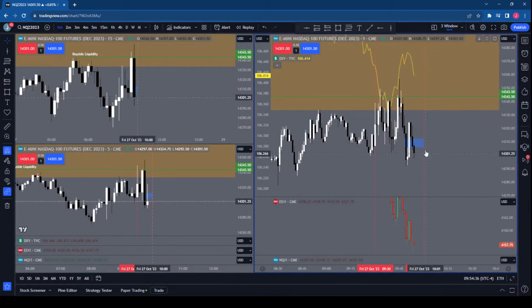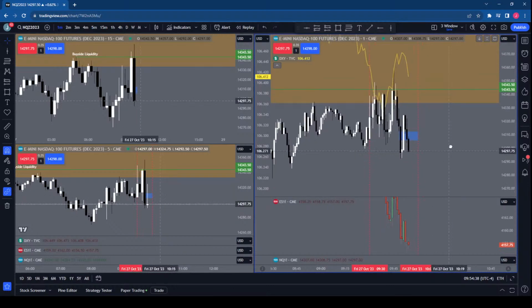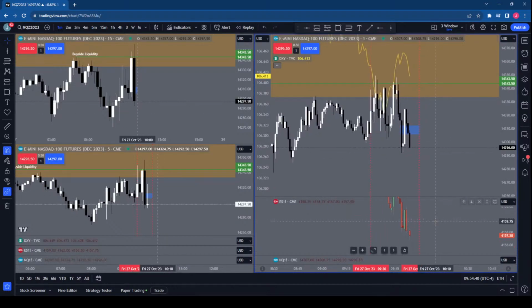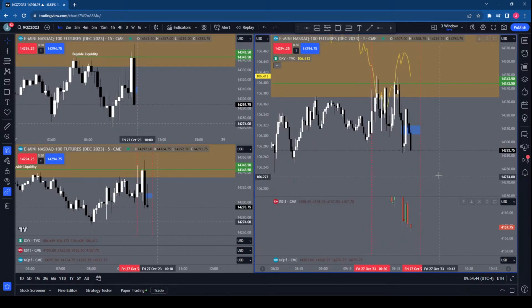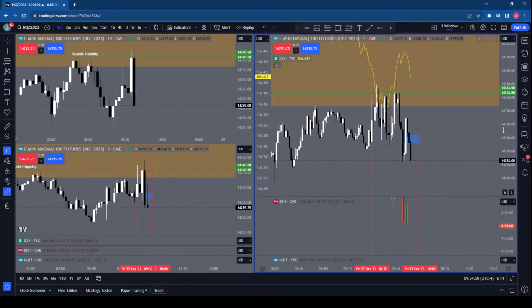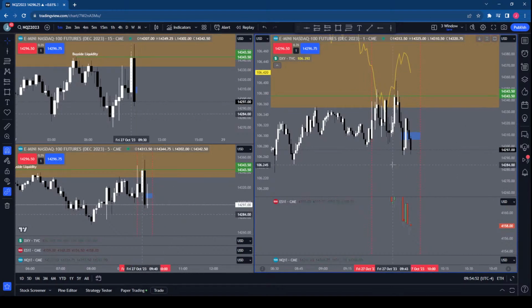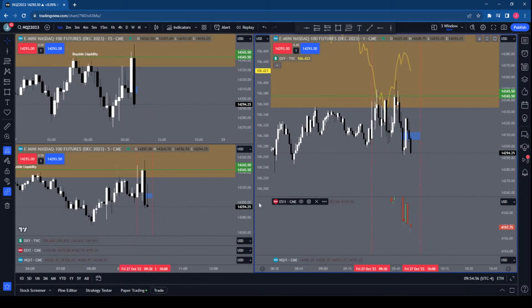Okay, so again, high impact news at 10. I will not be taking a trade. I will wait for better, higher probability conditions, and we will get those eventually.